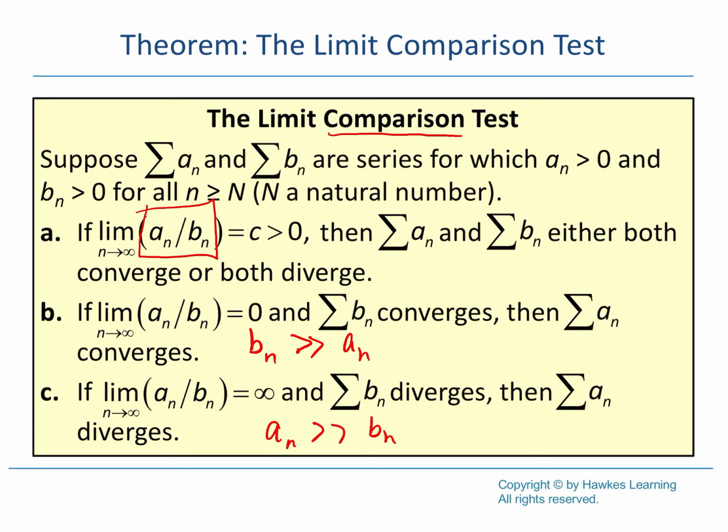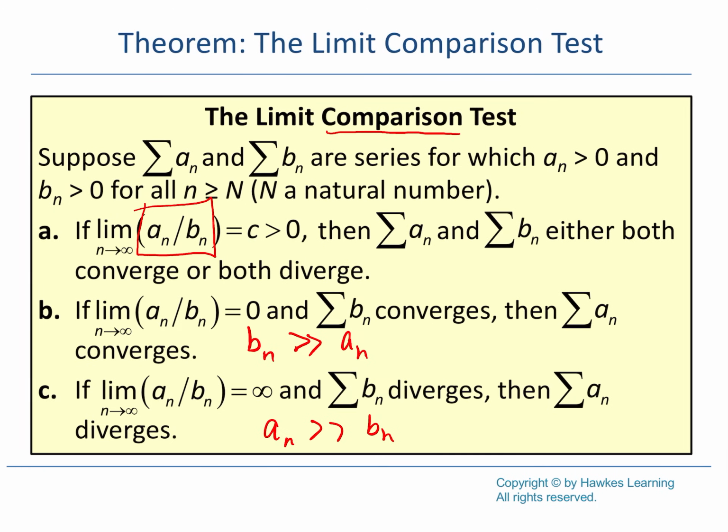And if the small series diverges, then the bigger series diverges as well. And so there's very fundamental reasoning similar to the direct comparison test. But here we are looking at the limit of the ratio between 2 different series. Yeah, let's take a look at some examples.